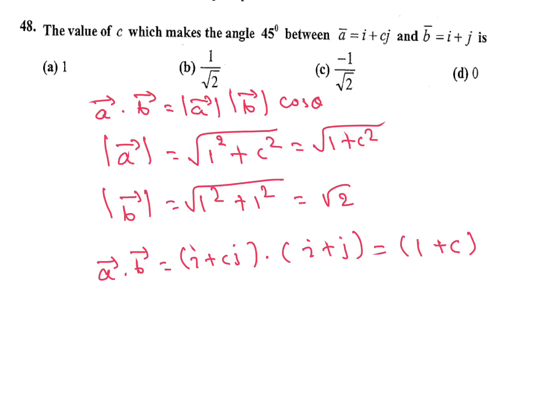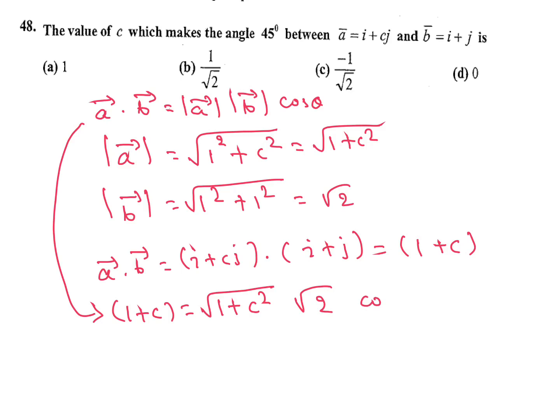Then put the value. A dot B is this one. 1 plus C equal to A magnitude is root of 1 plus C square into B magnitude is root 2 into cos theta. So cos theta equal to cos 45 degree.